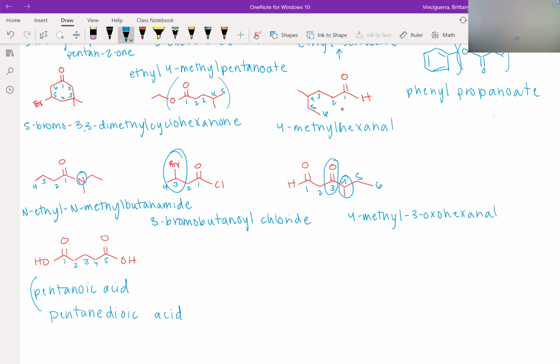So the trick to knowing when the letter E comes back in is if you are adding in a suffix that starts with a vowel, you do not add the E. So it's pentanoic or pentanal, pentanol, whatever.